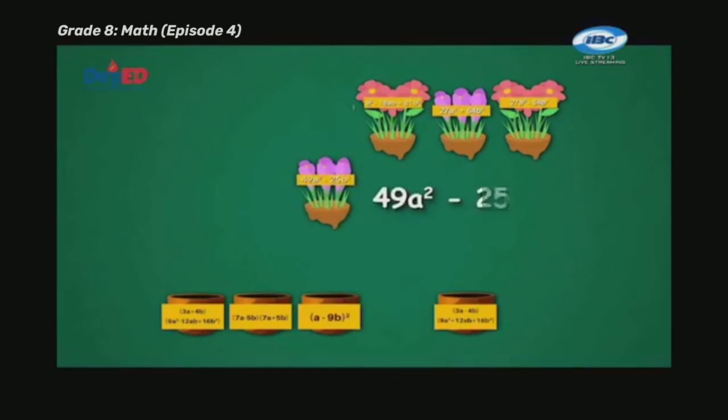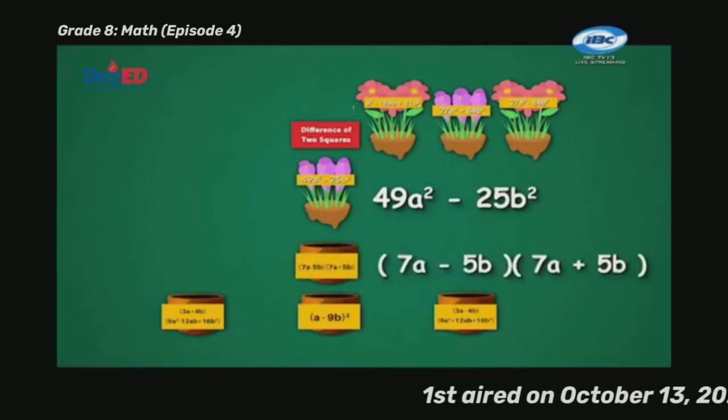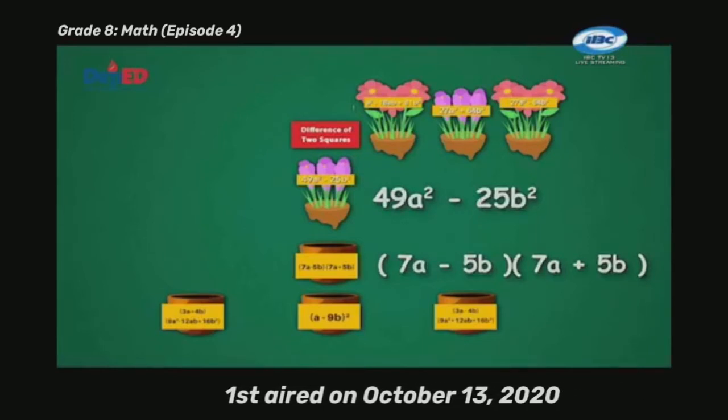How about 49a squared minus 25b squared? This is a difference of two squares, and it is a product of 7a minus 5b and 7a plus 5b.